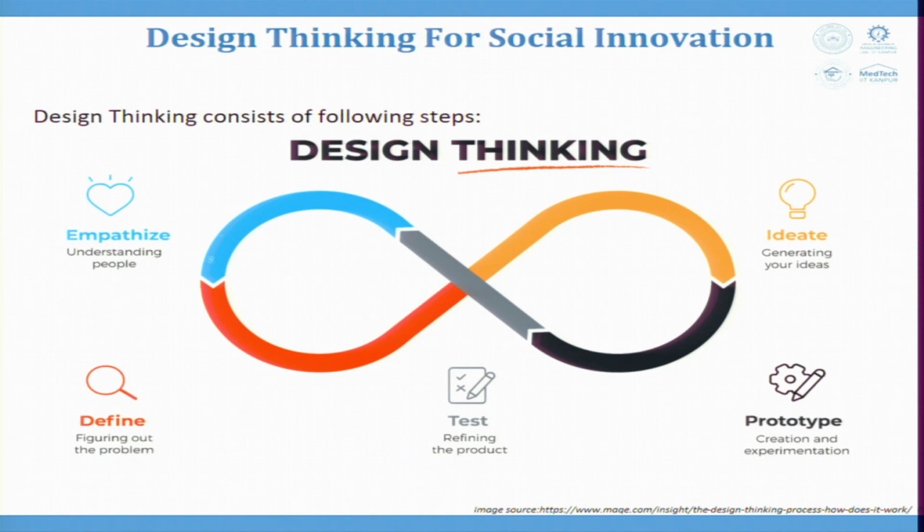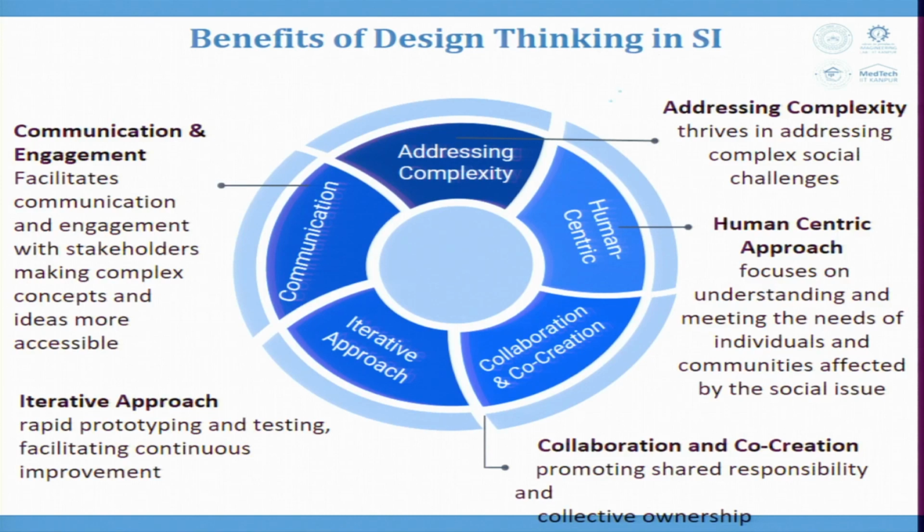At a particular gained velocity, the solution exits out. So, the benefits of design thinking in social innovation are communication and engagement. It facilitates communication and engagement with stakeholders, making complex concepts and ideas more accessible.